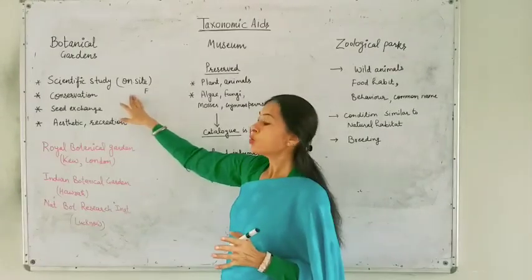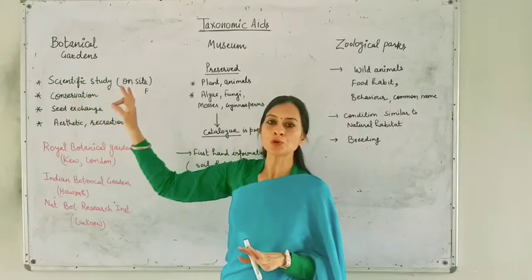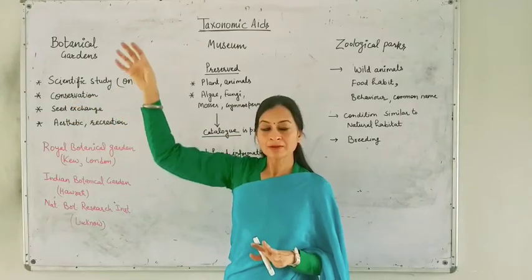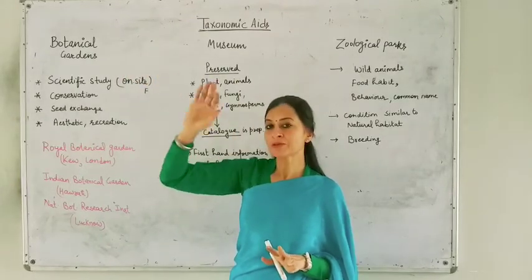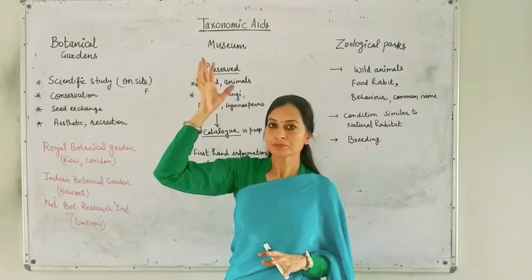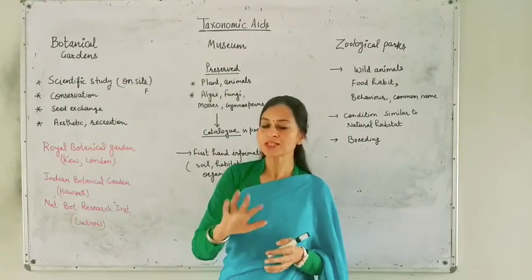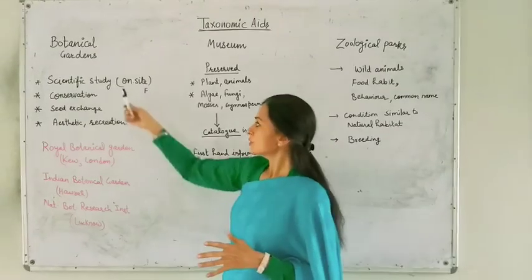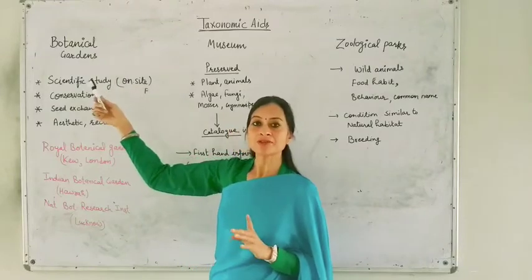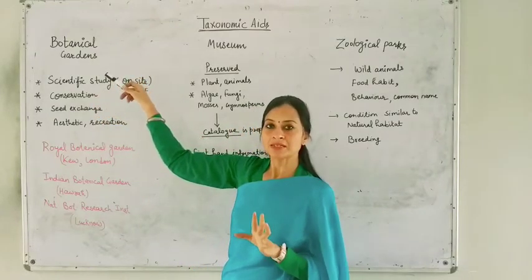Whatever type of information we want to gather from that plant, we can actually see the plant. There is no picture, there is no dried specimen, but the living plant. So the gardens are serving to provide the scientific study material.